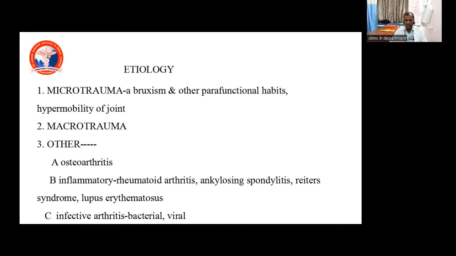Like all other joints in the human body, a bacterial infection or a viral infection can lead to temporomandibular dysfunction. These are the etiological factors that should be kept in mind in arriving at a diagnosis.